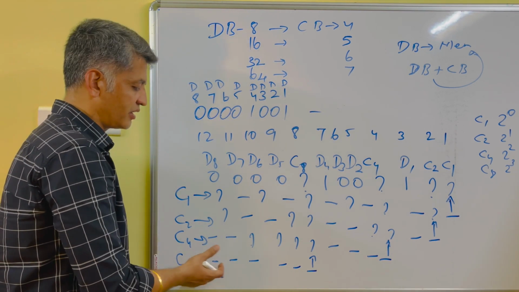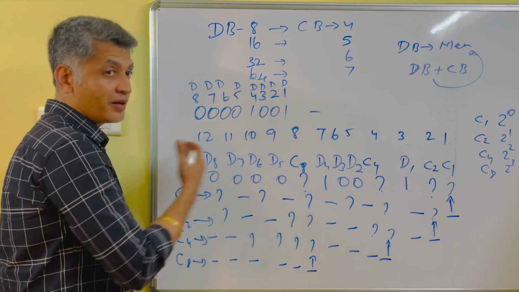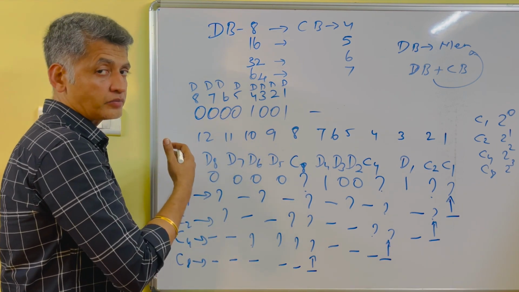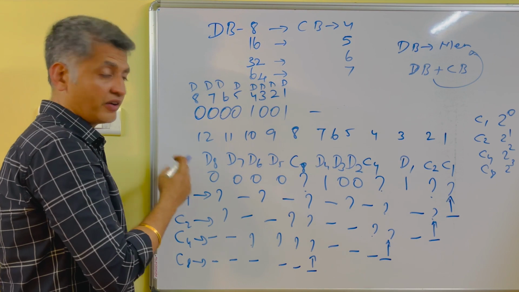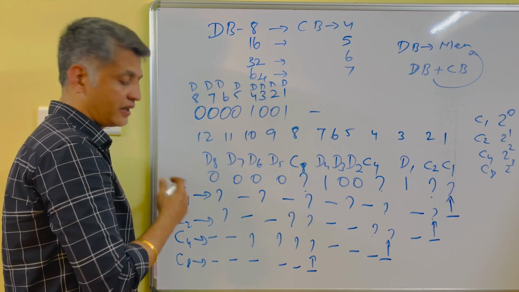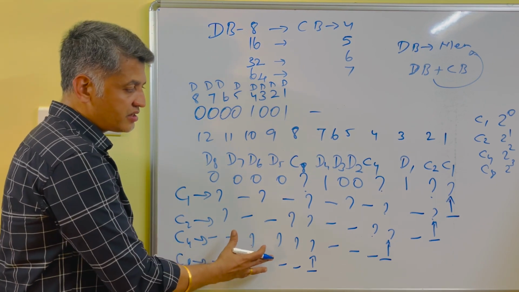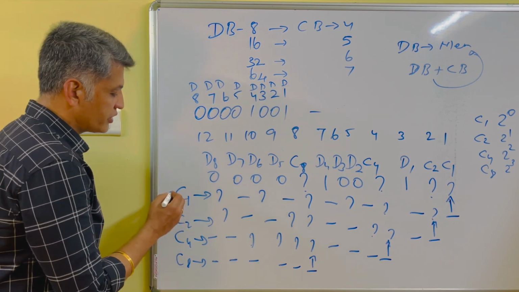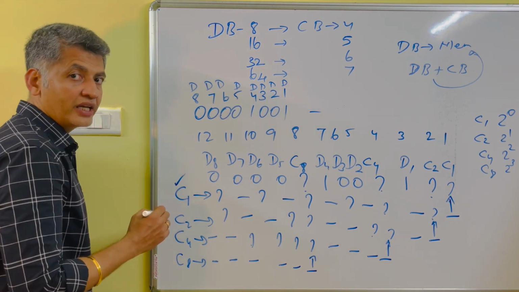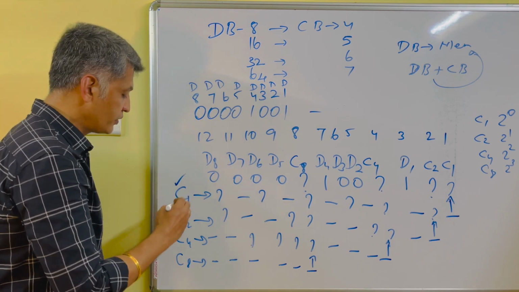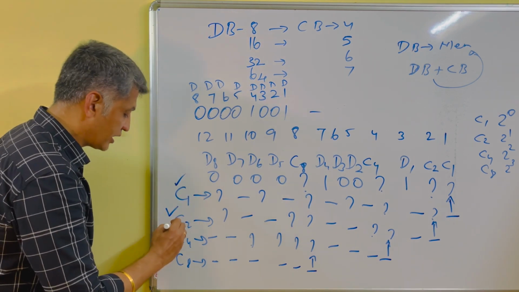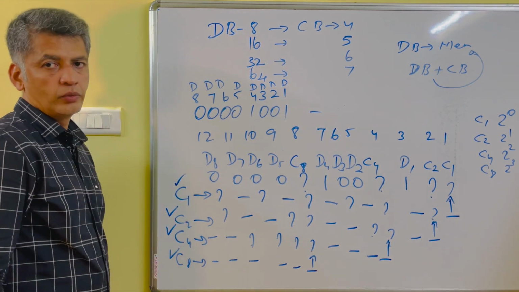The 6 positions are there, I need to check 6 only. But if the data bit size is 16 instead of 8 data bits, then if I'm having 16 bit data, then surely it will go. Right? This is how I can go with it. Now you just see that we have checked how we can calculate the check bit 1 and check bit 2 and check bit 4 and check bit 8, right?